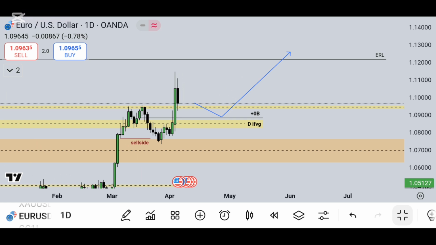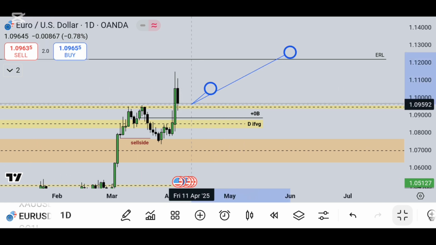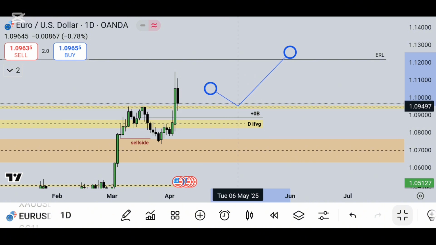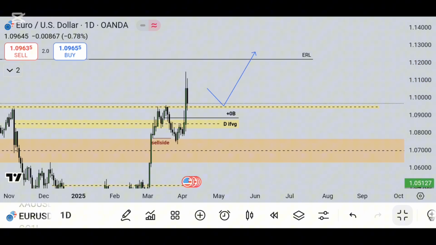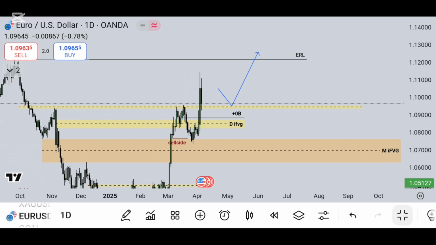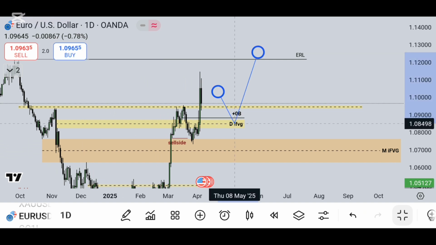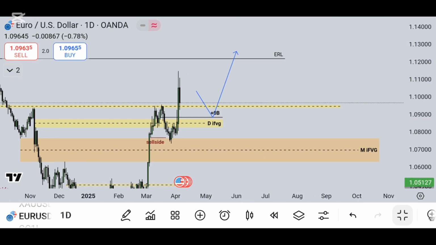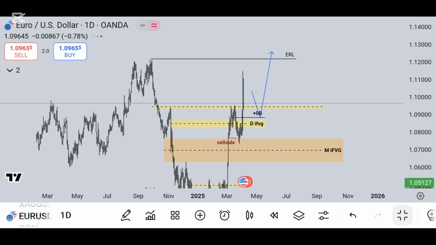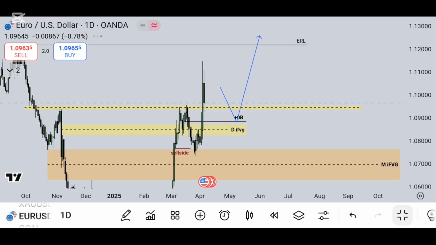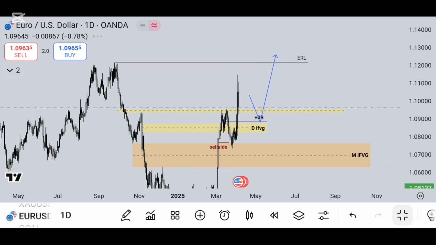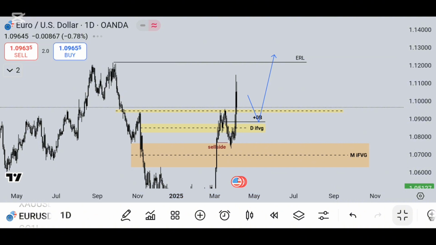From the daily time frame, it can show us that Friday really retraced to it, inversed it, then retraced. So we should expect either price to turn from that point or drop, retracing more lower into the weekly order block. But all in all, our overall anticipated direction is bullish till level. I'll give you the level coordinates.